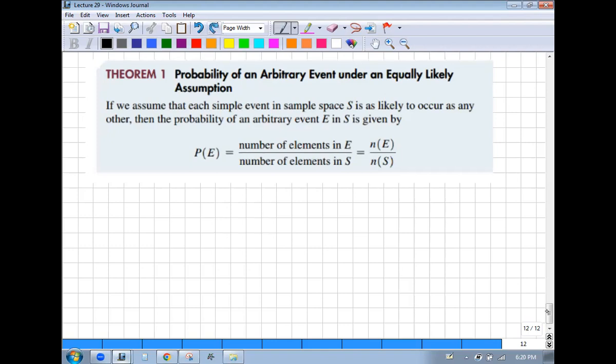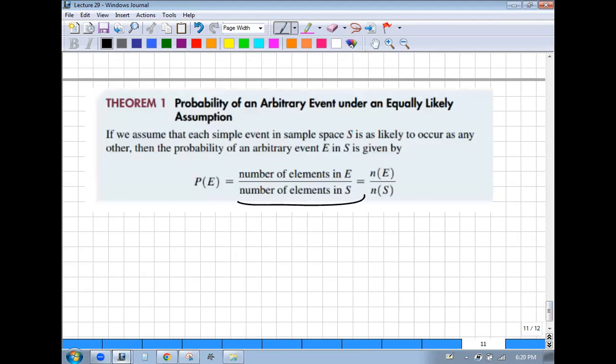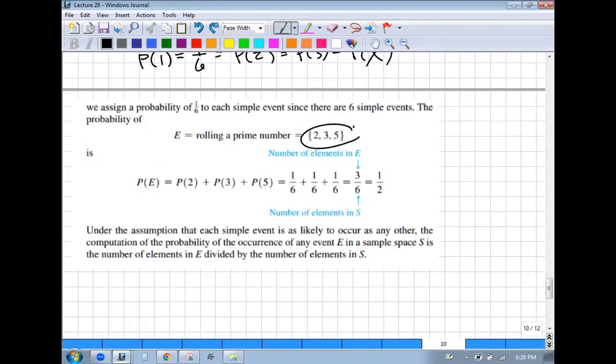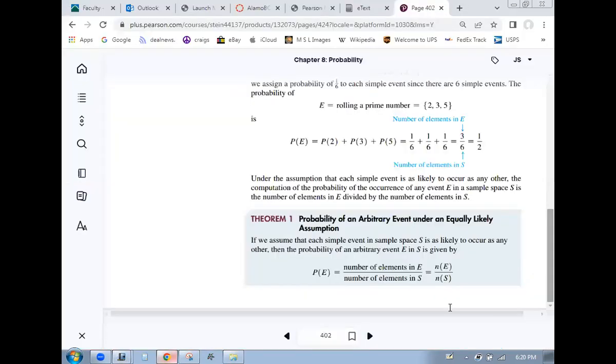So in that last one, there were 3 elements in the event, divided by the number of elements in the whole sample space. So there's 3 out of 6 possibilities in the sample space because there's 6 sides on the die, right? Or 3 out of 6, which we can write as n of E over n of S.